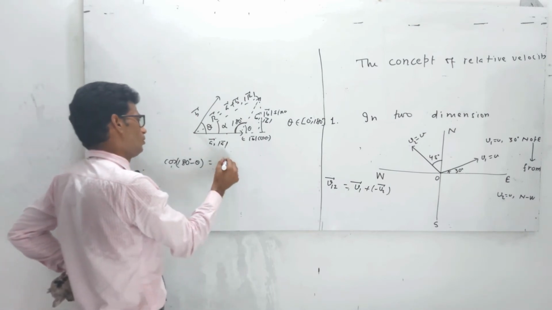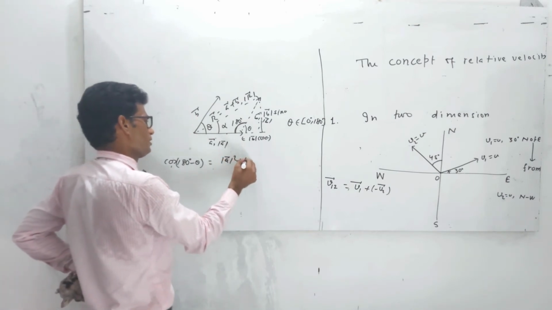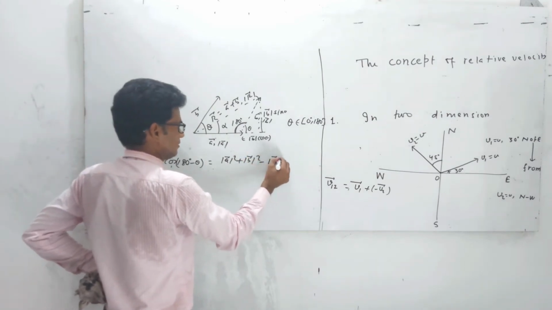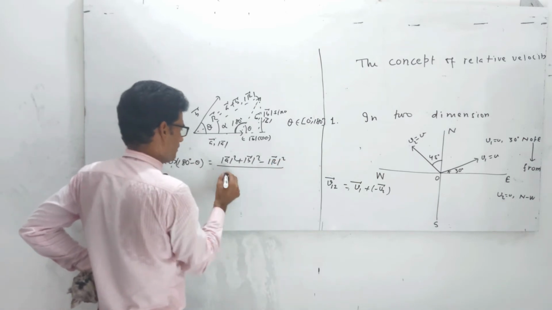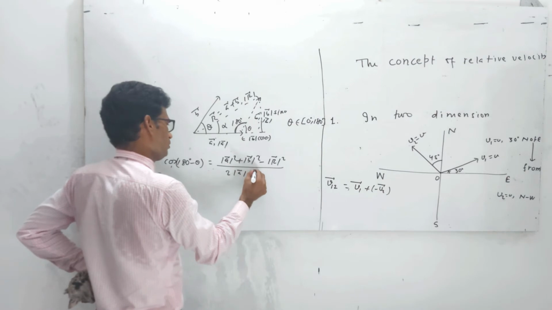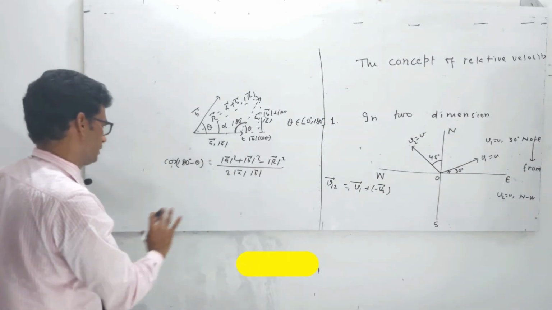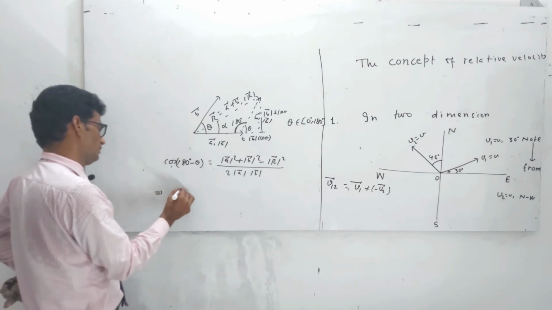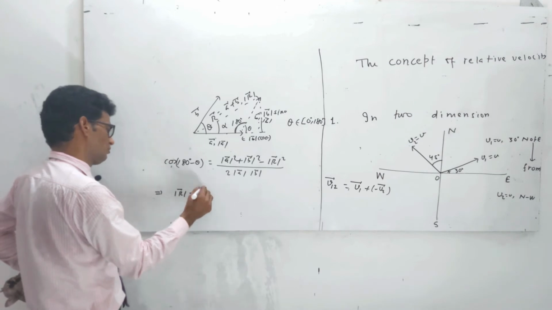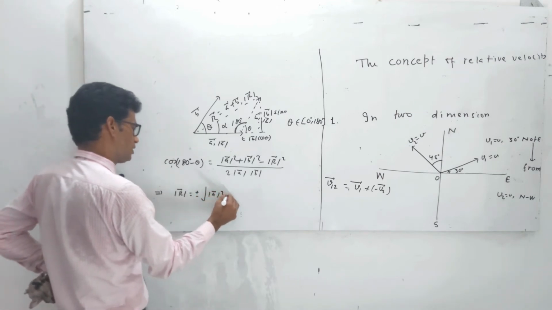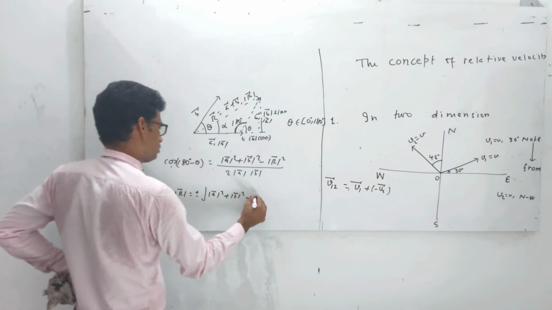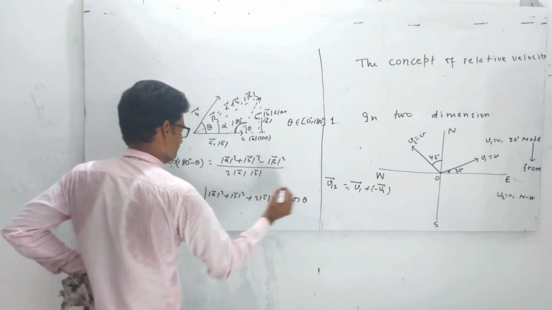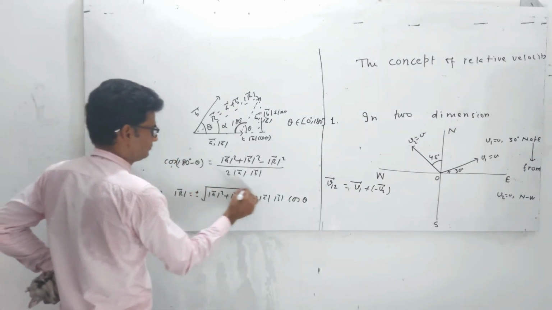So here, modulus of vector A whole square plus modulus of vector B whole square minus this whole square, all divided by twice modulus of vector A modulus of vector B. By doing proper calculation, we may find here modulus of R is equal to plus minus square root of modulus of vector A whole square, modulus of vector B whole square, twice modulus of vector A modulus of vector B cosine of the angle between vectors.